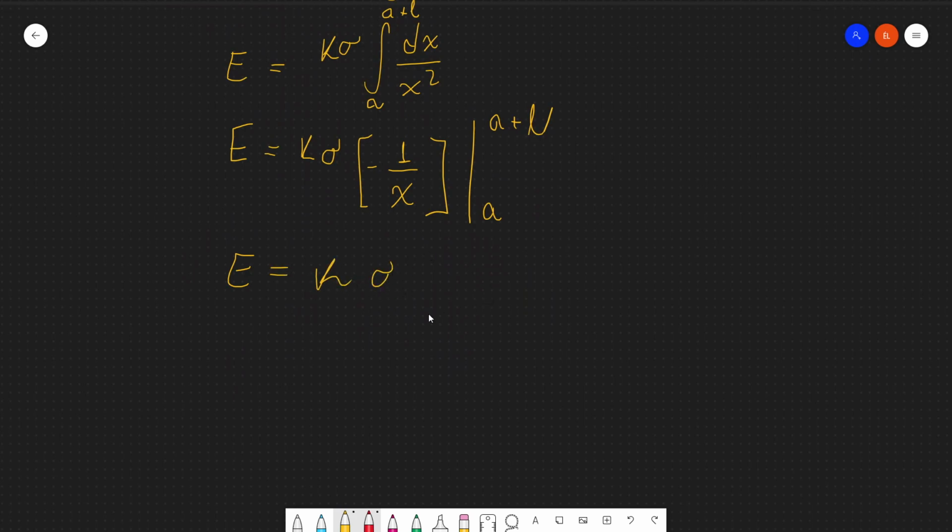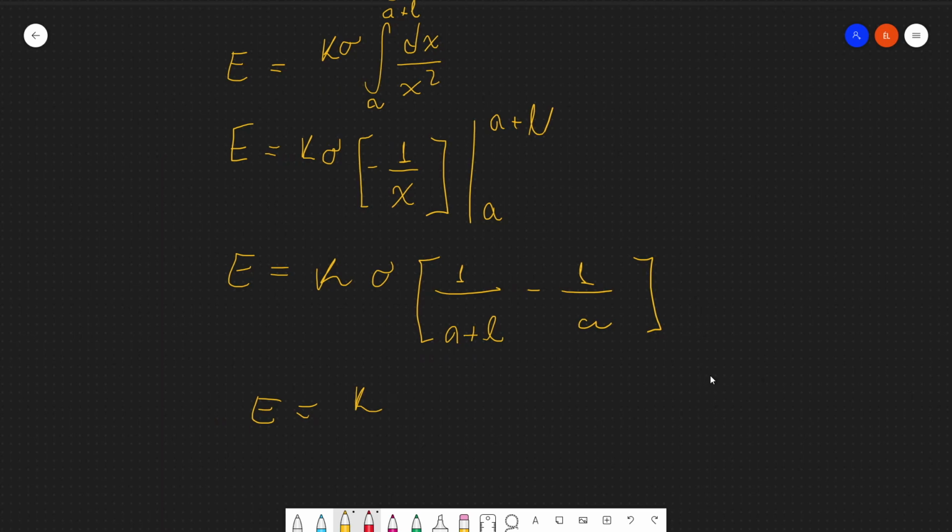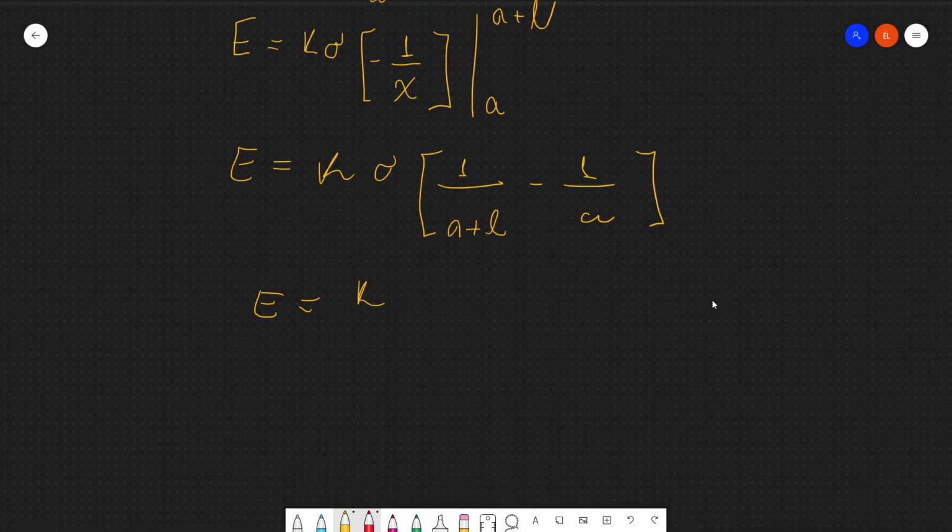Lambda, sigma, and this will be 1 over a plus l minus 1 over a, and then we can just substitute sigma for its original calculated value, which is k over l, so sigma is k over l, multiplied by 1 over a plus l minus 1 over a.